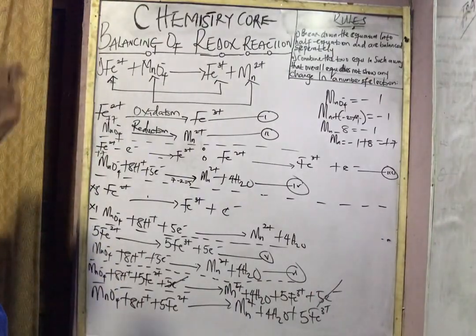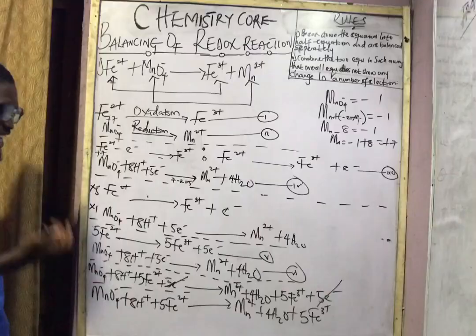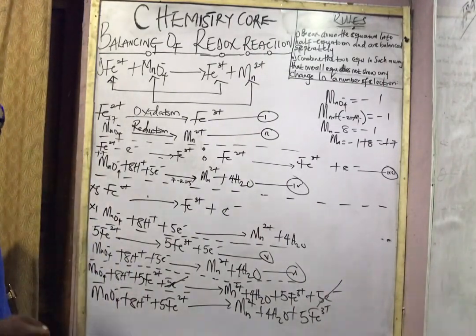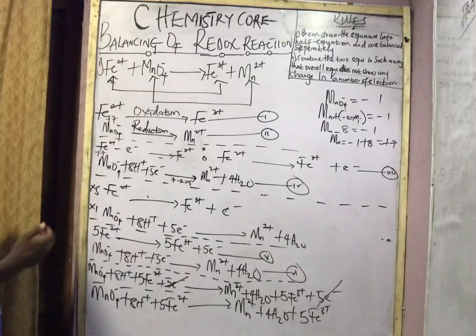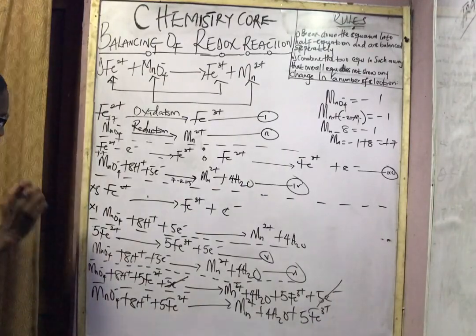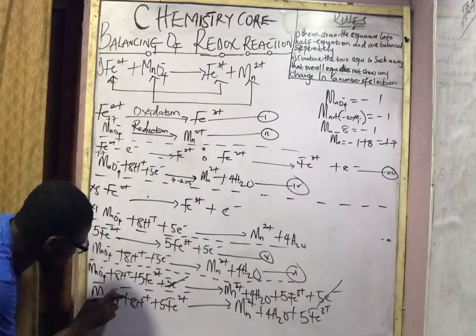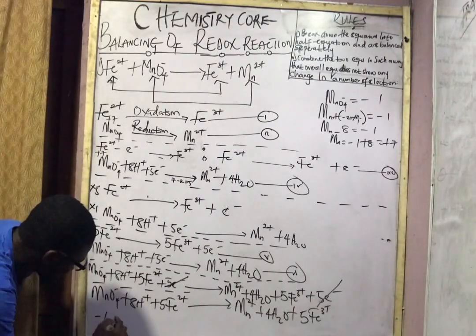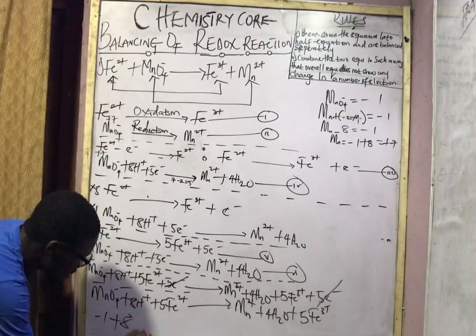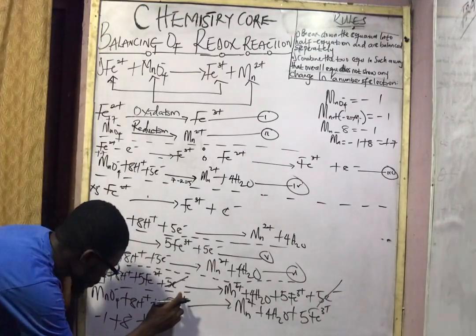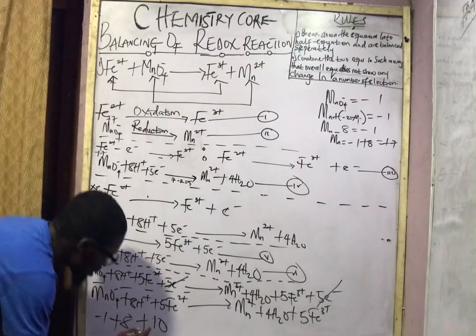So guys, let's check if this equation is balanced ionically. I repeat, let's check if this equation is balanced ionically. This one is minus 1 plus 8, that is 7, plus 5 times 2, which is 10, so this is 17.